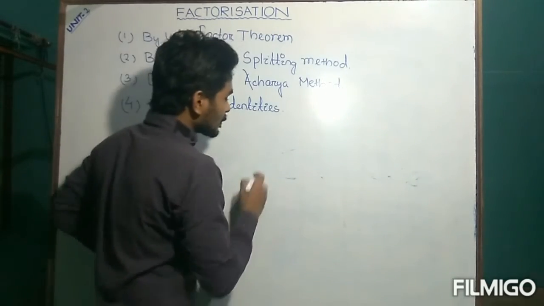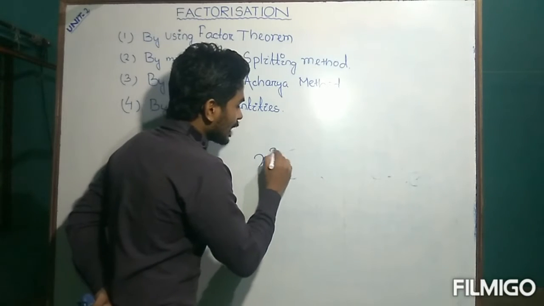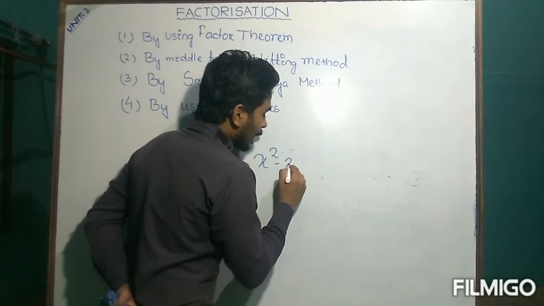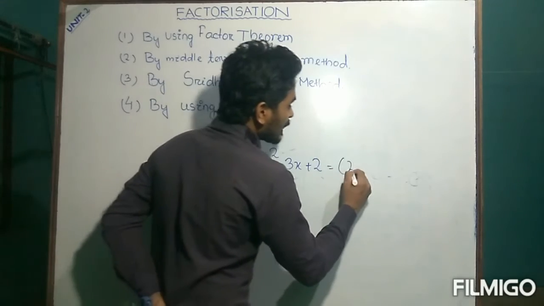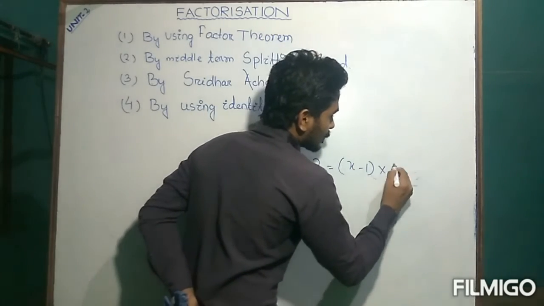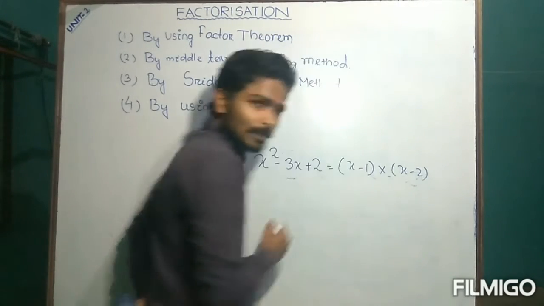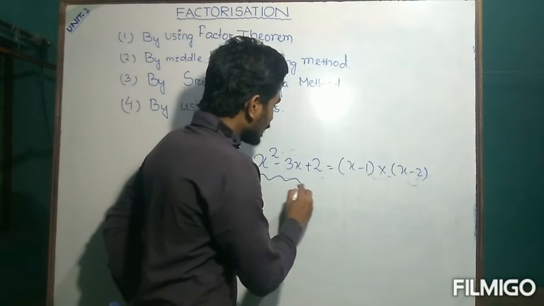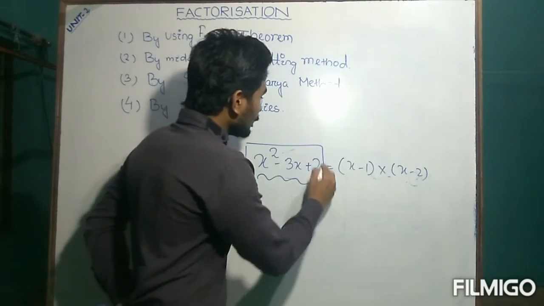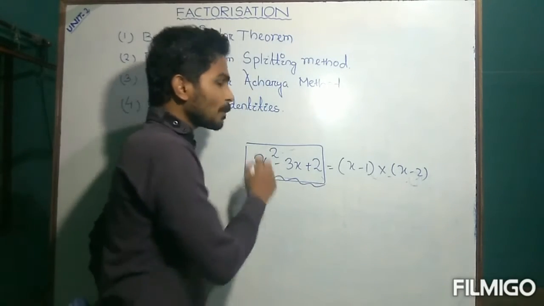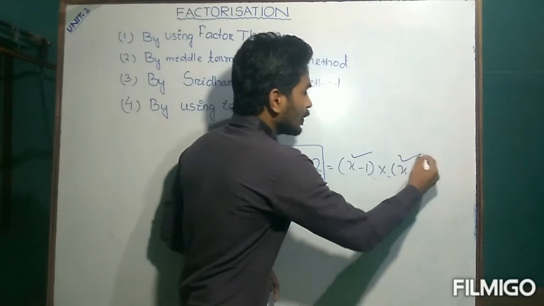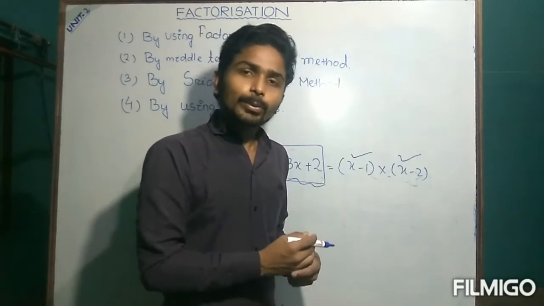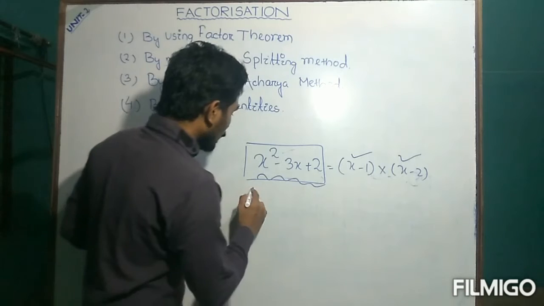In the previous classes we have discussed that x square minus 3x plus 2 can be expressed as x minus 1 into x minus 2. So here this is a quadratic polynomial, and it can be expressed as the product of two polynomials.